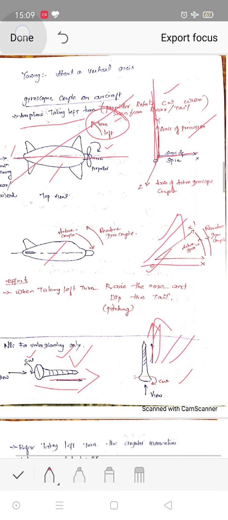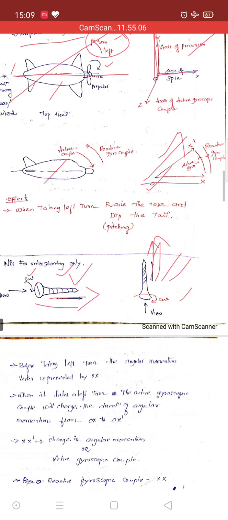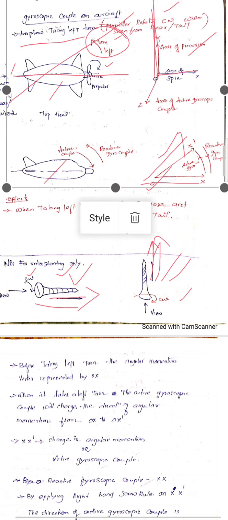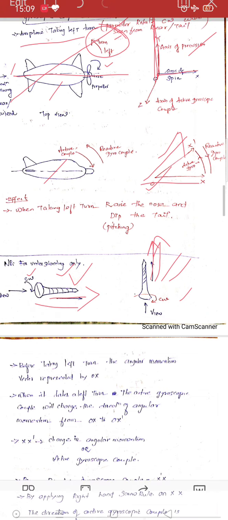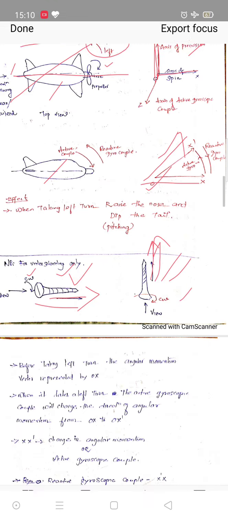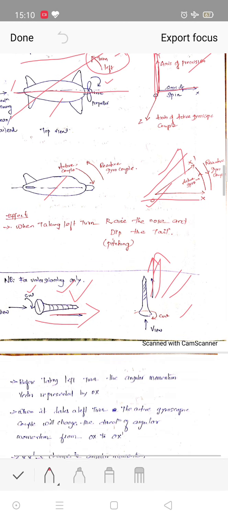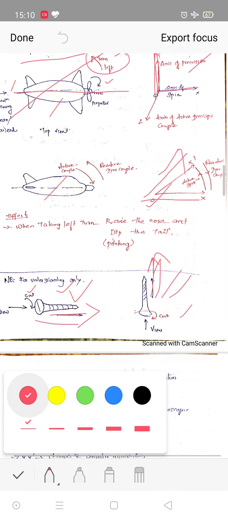So the direction of the active gyroscopic couple is clockwise. How did you get that? We considered the screw, and the screw is moving upward, so it should be rotated in clockwise direction. So the direction of the active gyroscopic couple is clockwise.